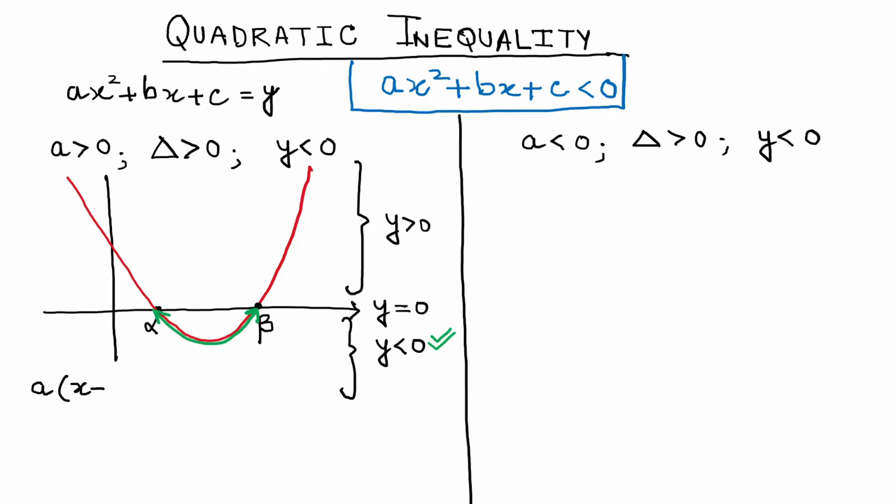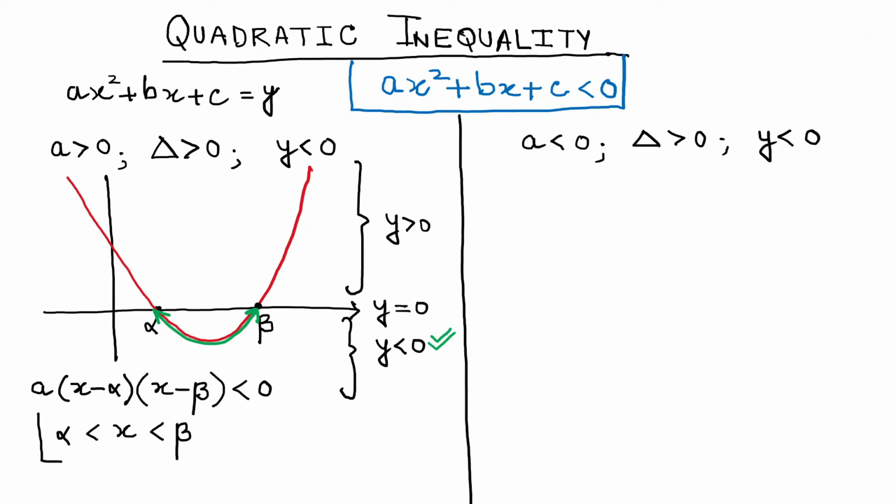Eventually you would see that this expression gets converted into a times of x minus alpha into x minus beta, this being less than 0, which is the area that we are going to consider. The area that has to be considered for the inequality is the area below the x-axis, in which x would always lie in between alpha and beta.